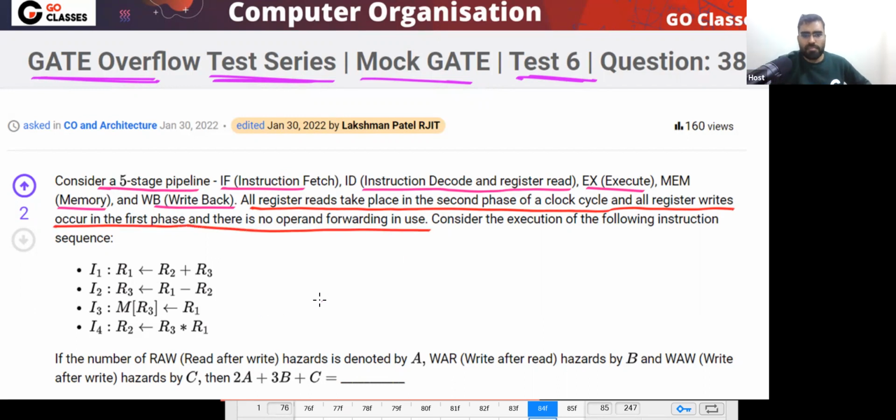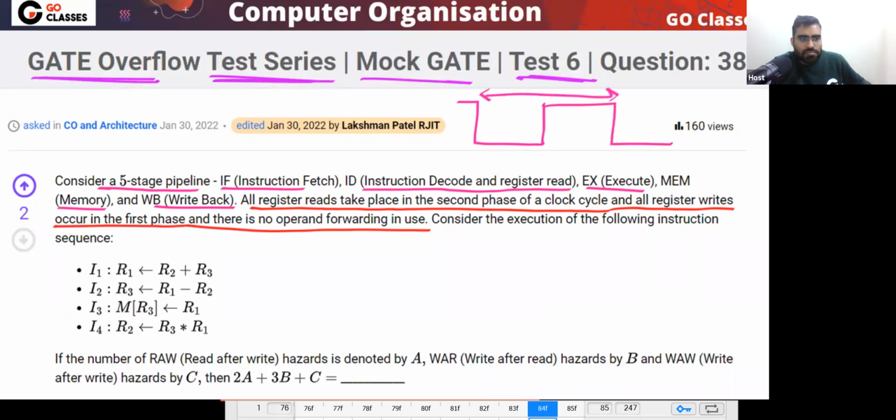What does this mean? Register reads are happening in the second phase of the clock cycle. Register writes are happening in the first phase of the clock cycle. This is what some people call a split phase. Like if this is your cycle, here you are writing and here you are reading.